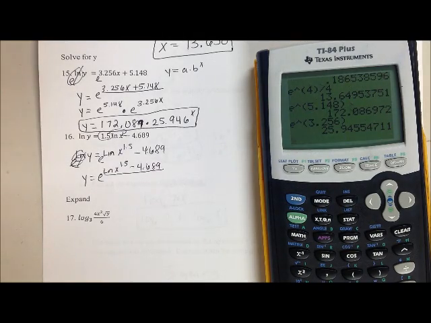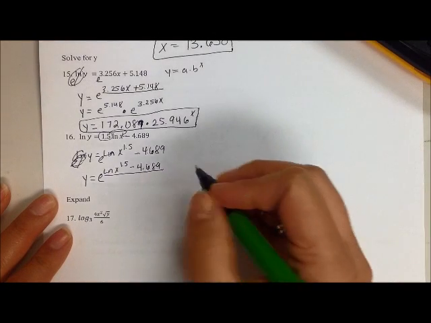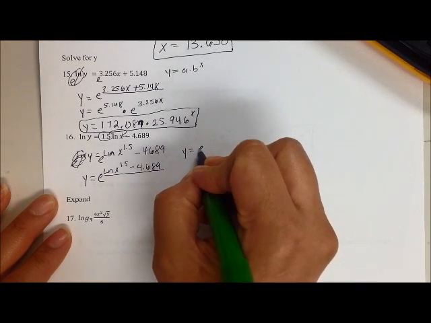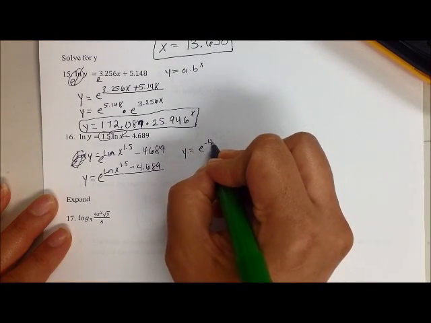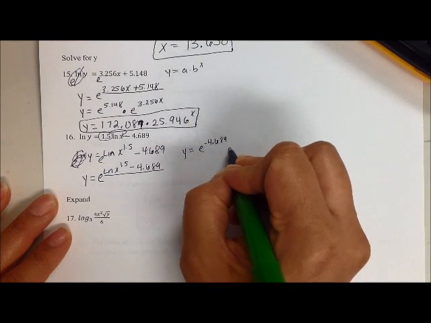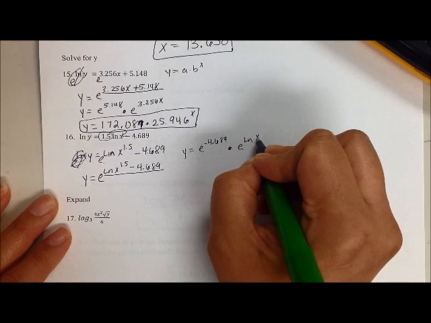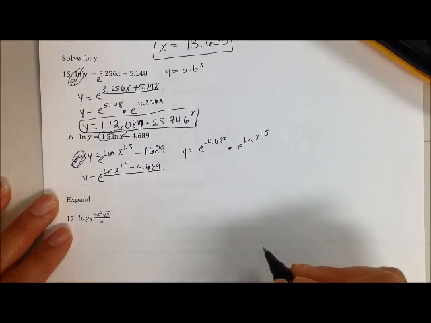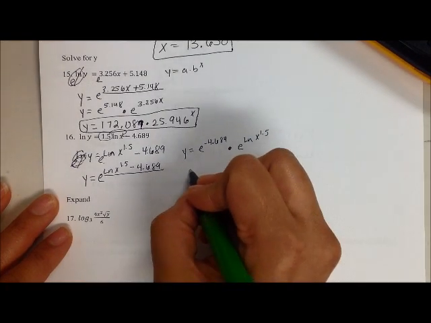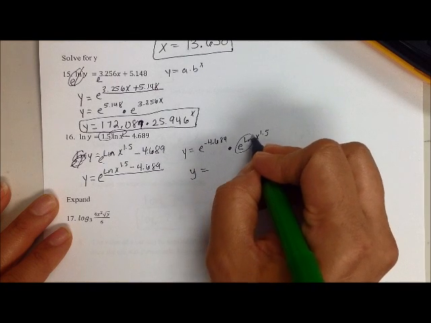From here, it splits into 2 problems just the way we did up here. So this would become y equals e to the negative 4.689 times e to the ln of x to the 1.5. Now the cool thing or the easier thing about this one is, this cancels.